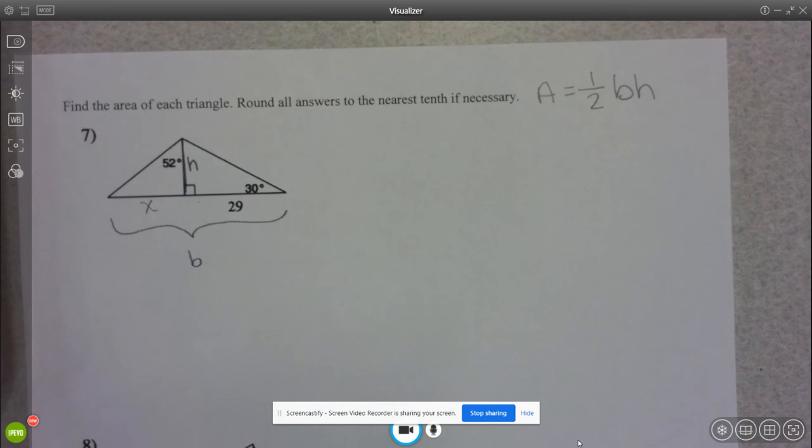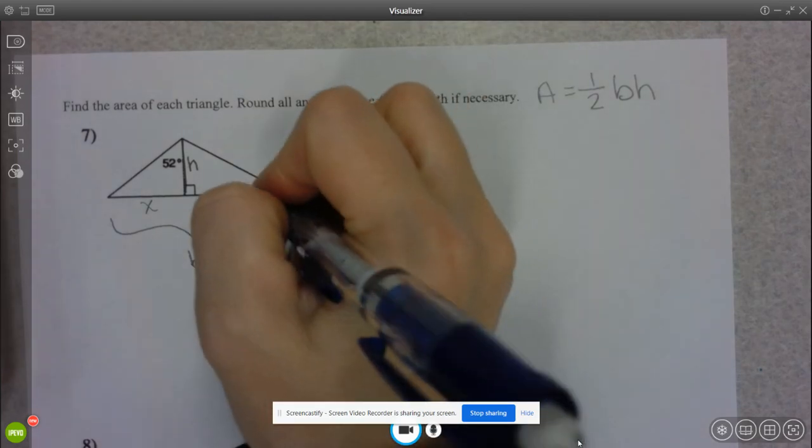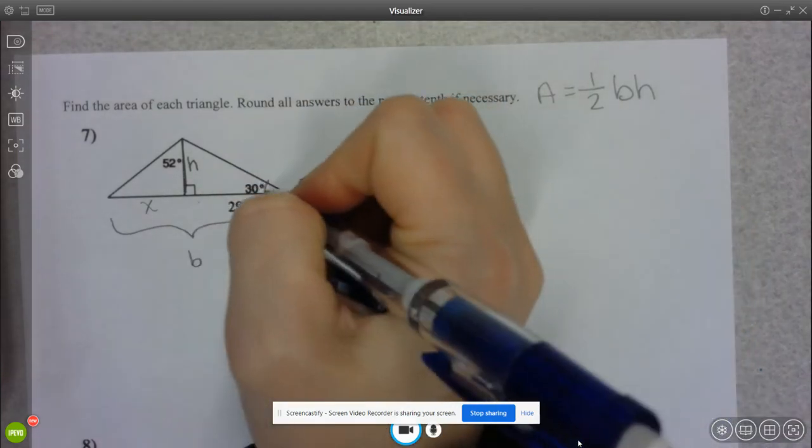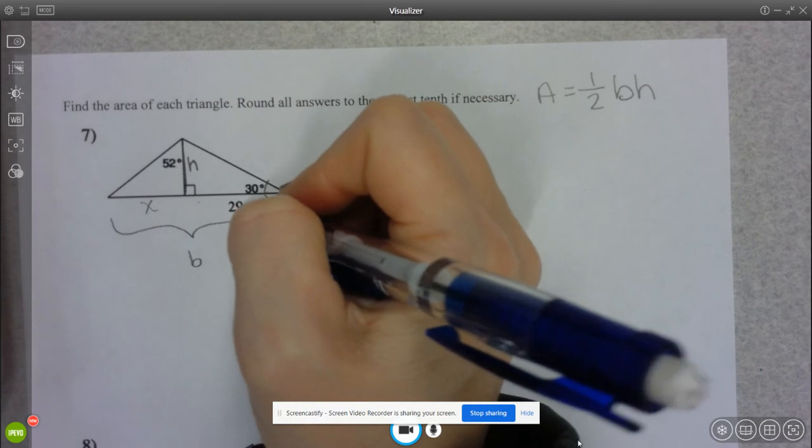So the first thing I'm going to do is find the height using the triangle on the right. Then I'm going to find x using the triangle on the left. Then I will be able to find the area. So relating to the 30-degree angle, this is opposite and adjacent.